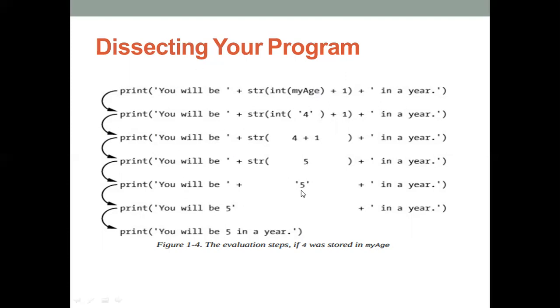So now this 5 is converted into a string, and then a string can be concatenated with another string. Then the next step, 5 gets concatenated and then the next part, in a year. So at last it will print 5 in a year. In this way, Python will execute this program or solve this expression.